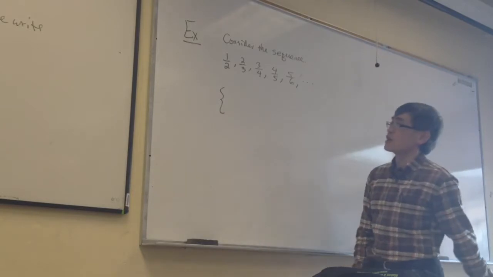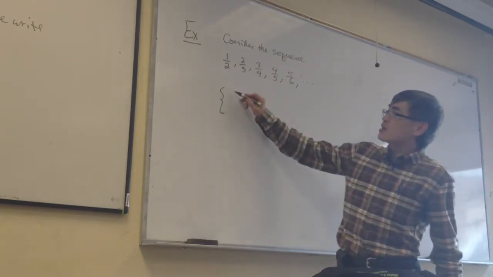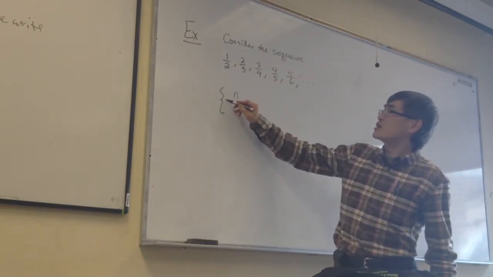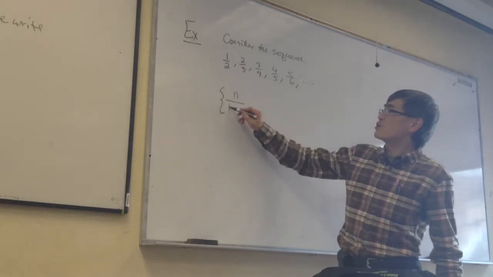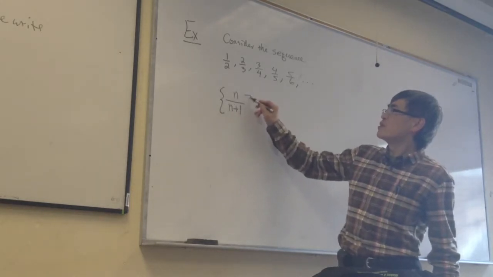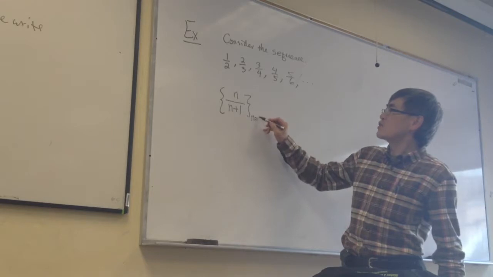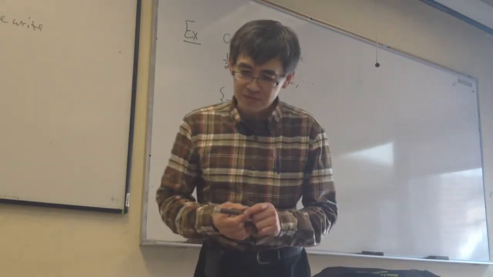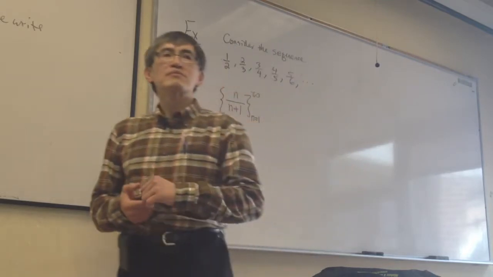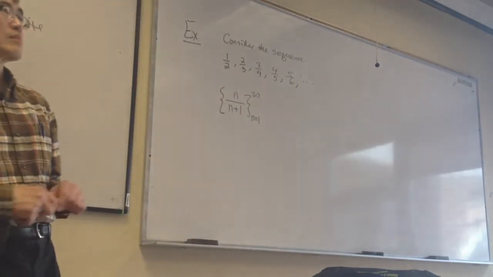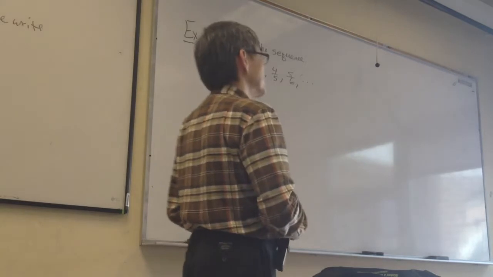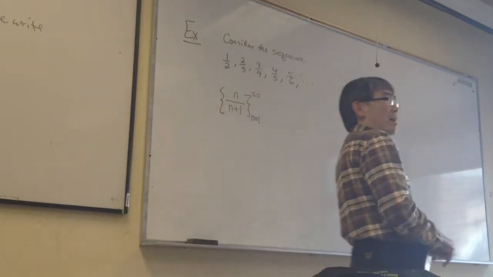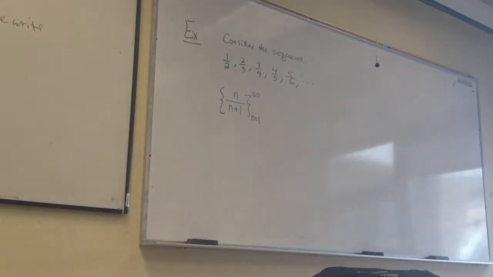For this one, for example, a very unambiguous presentation, let me think, would be this one, and then n goes from 1 to infinity. If you describe a sequence this way, I have a very precise recipe for the nth term, a very precise formula.